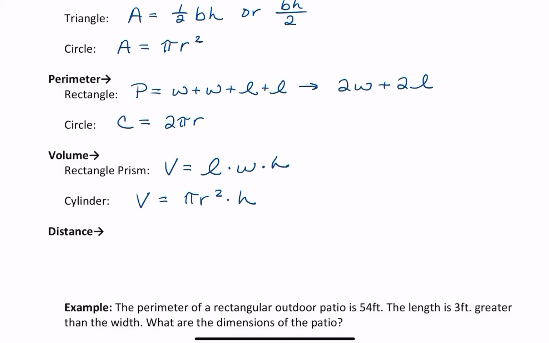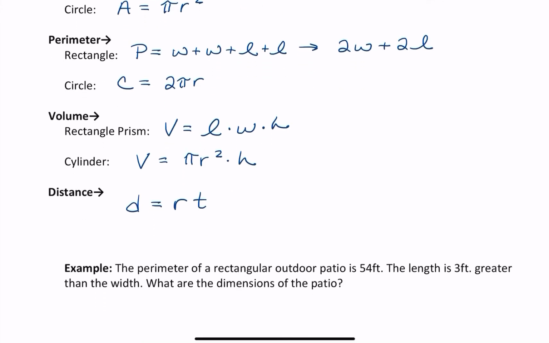And then the last formula is the distance formula, and I'm not talking about the square root one we learned in the first section. This is distance equals rate times time, where r is your rate and t is your time.